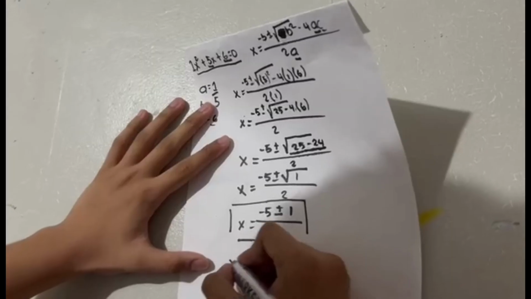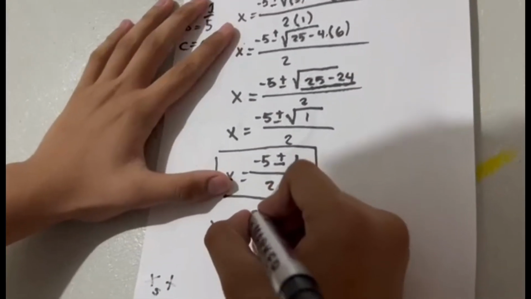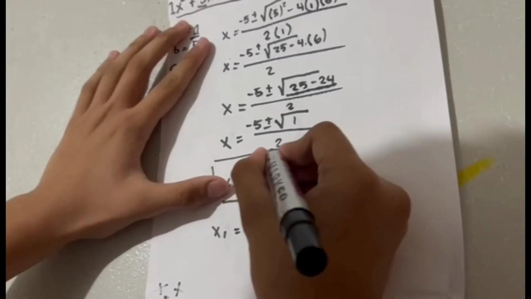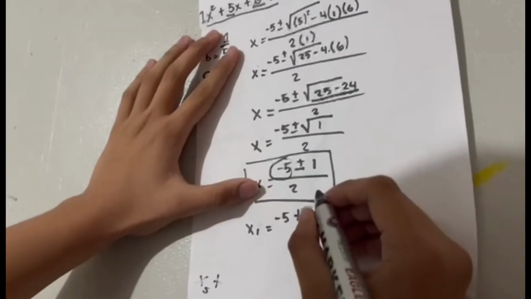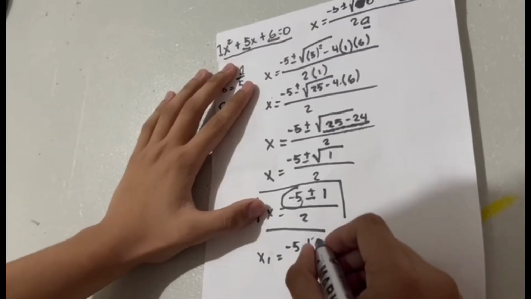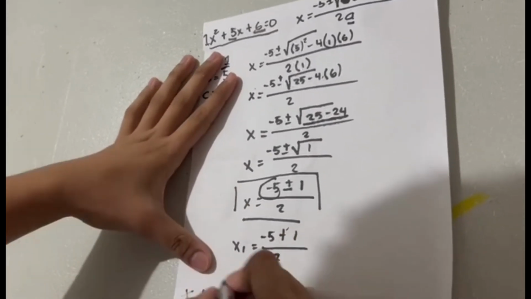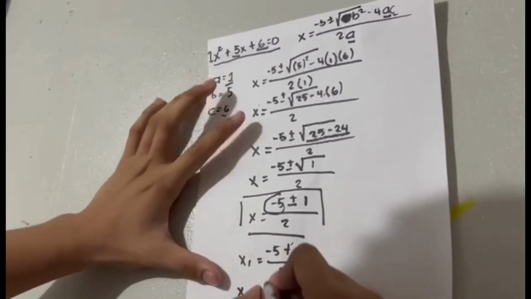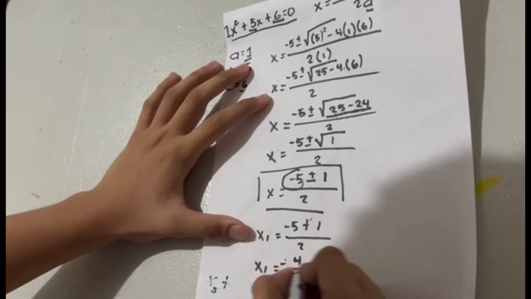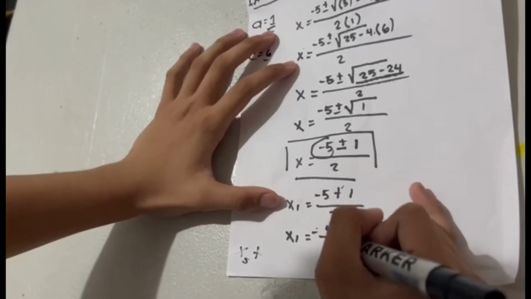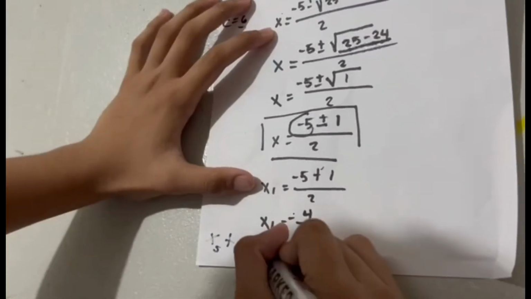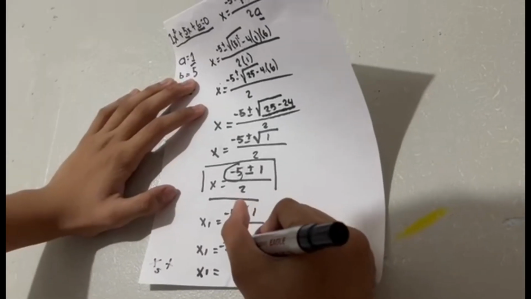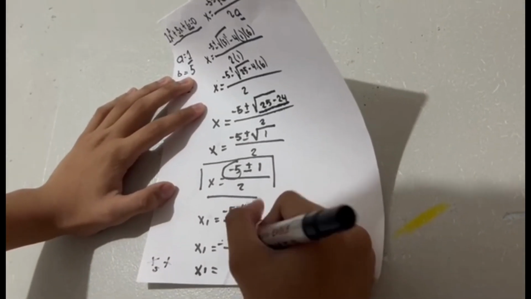The x sub 1 here is negative 5 plus, so we use the plus sign first. Negative 5 plus 1 over 2. So x sub 1 equals negative 5 plus 1, which is negative 4, over 2. Now 4 and 2 can be divided. 4 divided by 2 is negative 2.